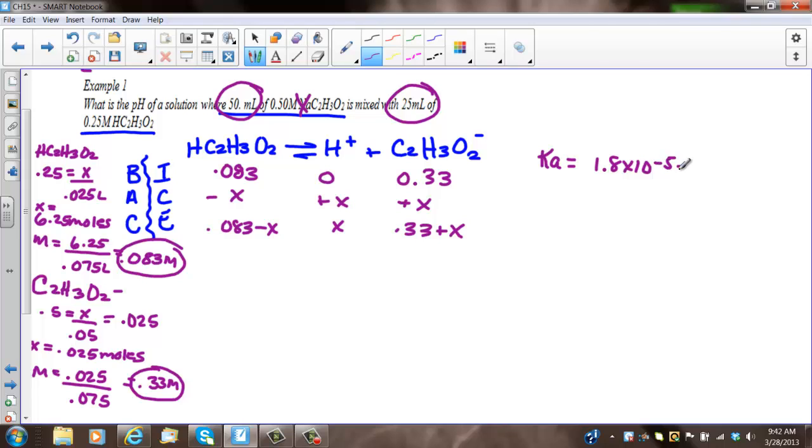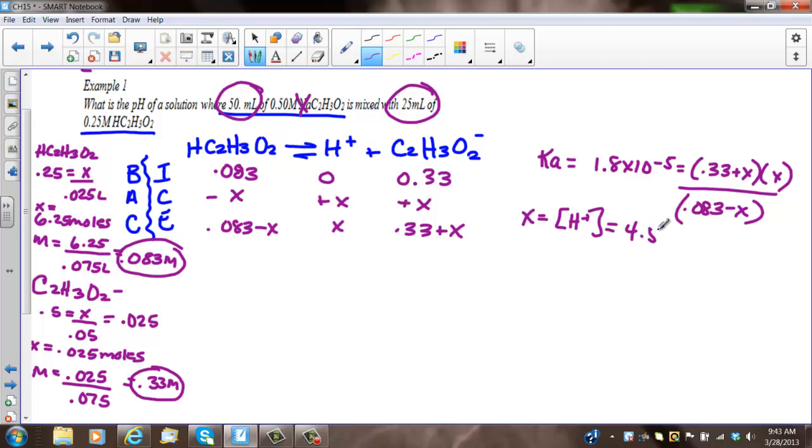And that's equal to 0.33 plus X times X over 0.083 minus X. When I put this into my solver, I get an X value, which is equal to my H plus concentration. It's also equal to my acetate ion concentration, but I'm not writing that down because the paper gets too cluttered, because I'm really just trying to find pH. And that's going to give me 4.53 times 10 to the minus 6 molar.